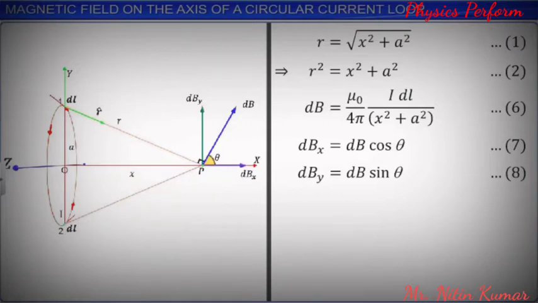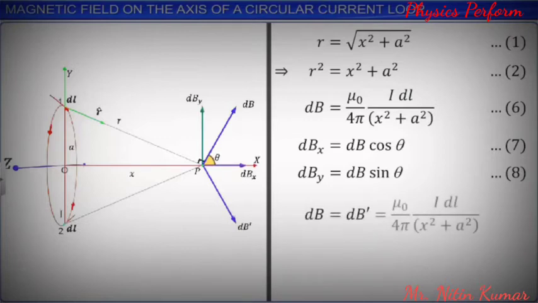Thus, the magnitude of the magnetic induction at point P due to the element at position 2 is the same as that due to the element at position 1. Let this be dB dash. Thus, dB is equal to dB dash. Let this be equation 9.